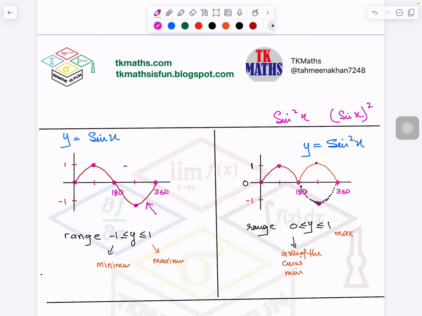And now your range is 0 to 1. Because now in this graph, let me change to some other color, the maximum value is 1 and the minimum value is 0. So if you see here, I have no number here. It means the axis of the curve is at 0 in both cases. So when you have a square, the range will be from the axis of the curve to the maximum.